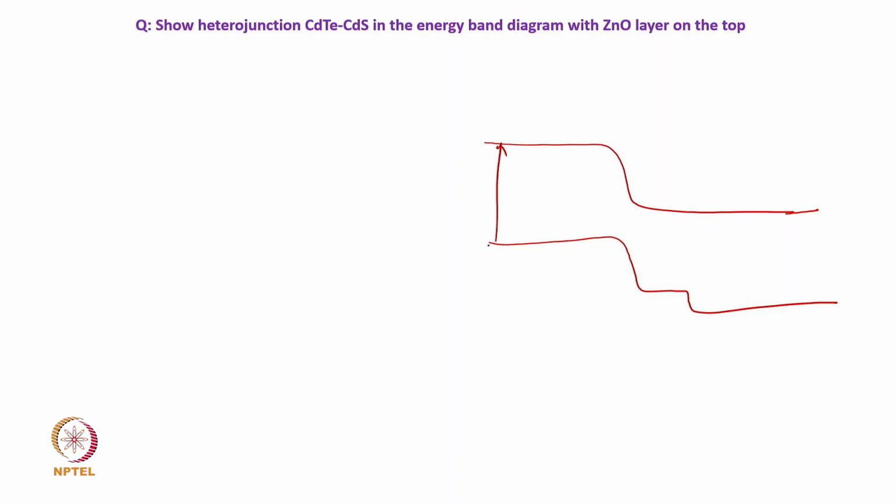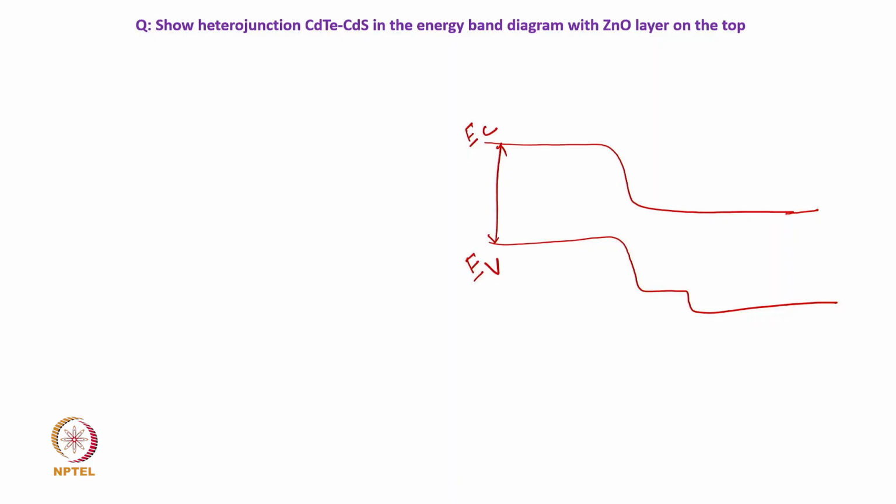So, when you draw a diagram, something like this, there is a step here. So, this is the conduction band, this is the valence band.